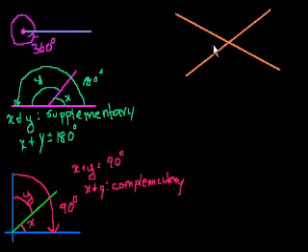Let me switch to yellow. If this is X degrees, then it turns out that the angle opposite to it is also equal to X degrees.